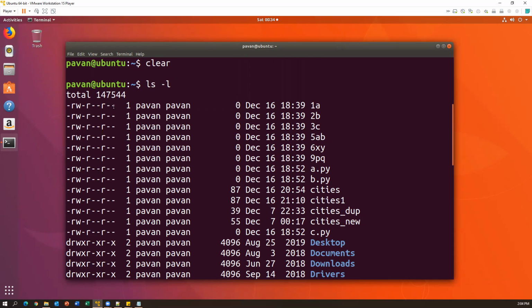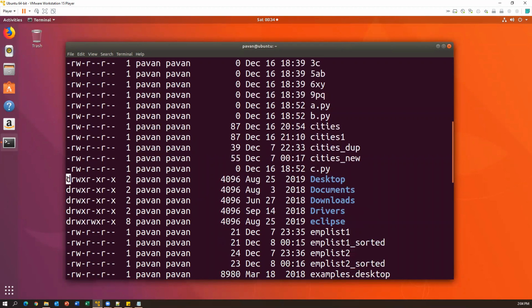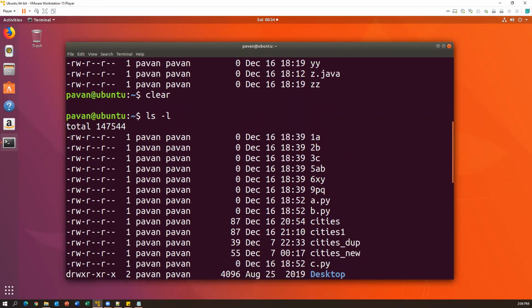Let us try to understand this. Some lines start with the hyphen symbol and some start with d. When I see a hyphen, it represents a normal file. Wherever the first character is a hyphen, they are all normal files.